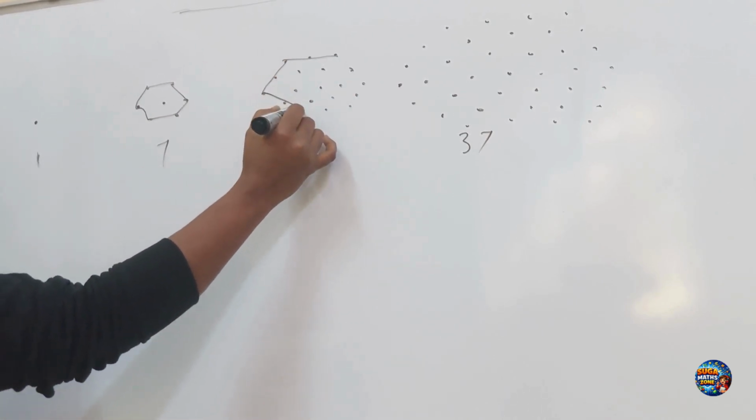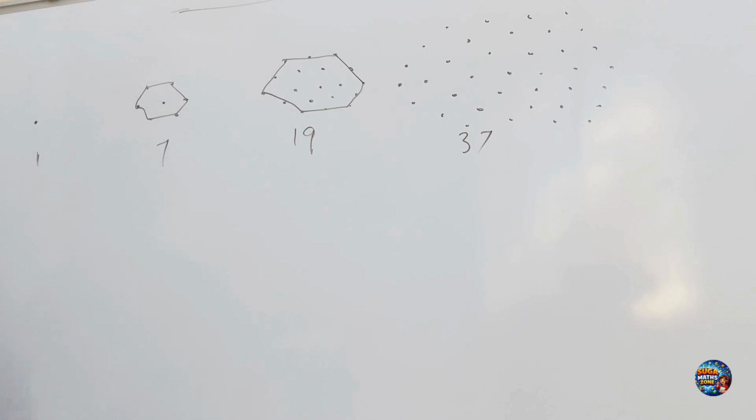You can see that. Okay, and how the number it come. So this is the hexagonal pattern.